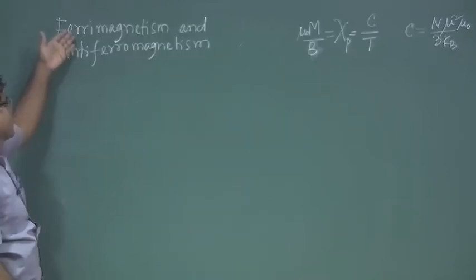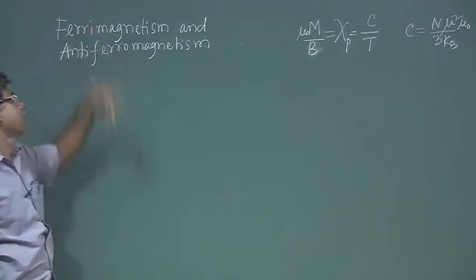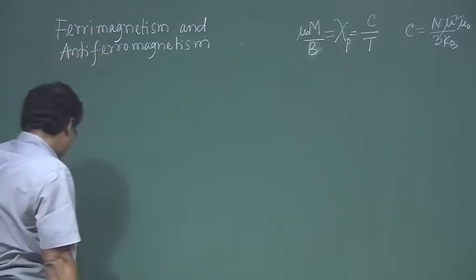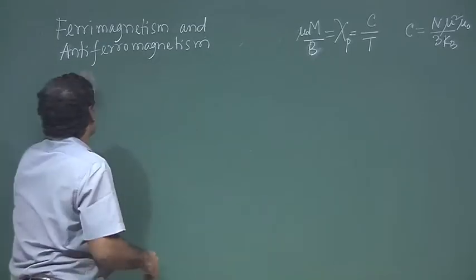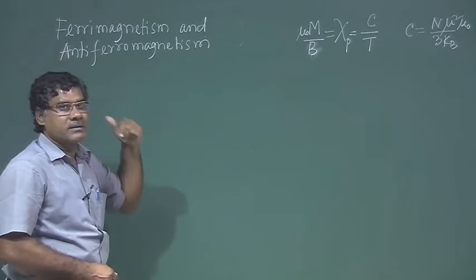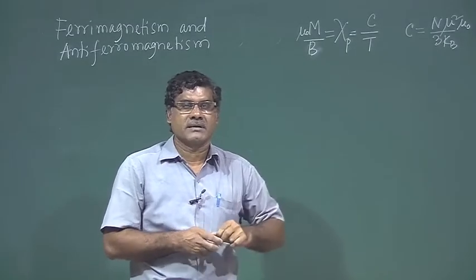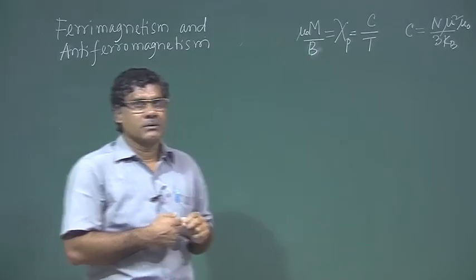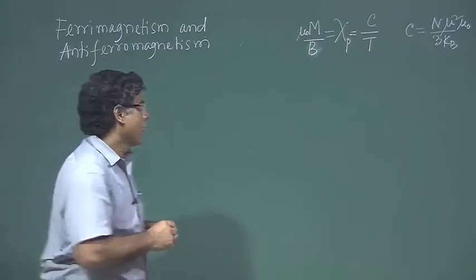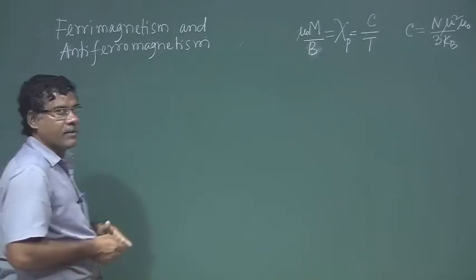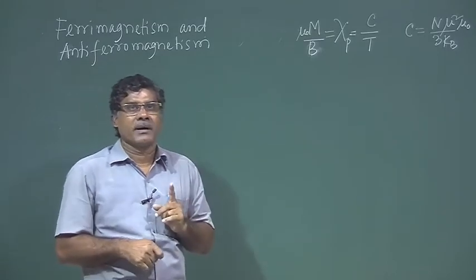Antiferromagnetism is basically a special case of ferrimagnetism. You know the arrangement of these spins is antiparallel. In case of ferri, the spin magnitude or magnetic moments are not the same, they are different, so we will get a resultant moment, whereas in case of antiferromagnetism the moments of the parallel and antiparallel ones are the same.